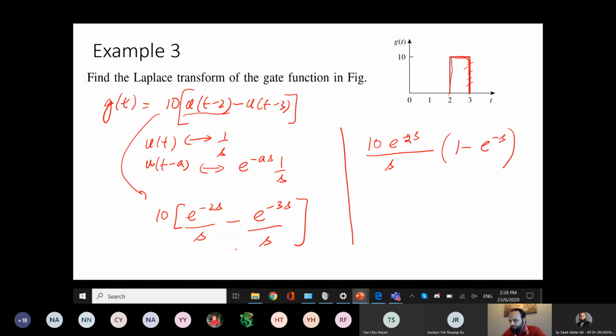This is just to simplify, but you can leave it as it is, no problem. All right, I hope this makes sense to you guys. 10 upon s, e to the minus 2s minus e to the minus 3s. That's the answer. But this is very important because this example can be used for any function which is between any particular time, between t equal to 2 and 3 or whatever time it is, we can use this property.